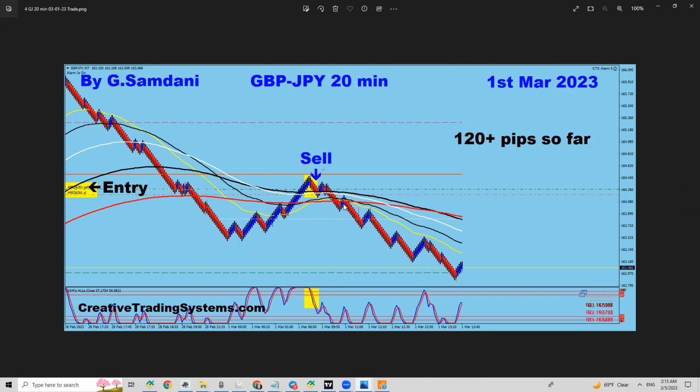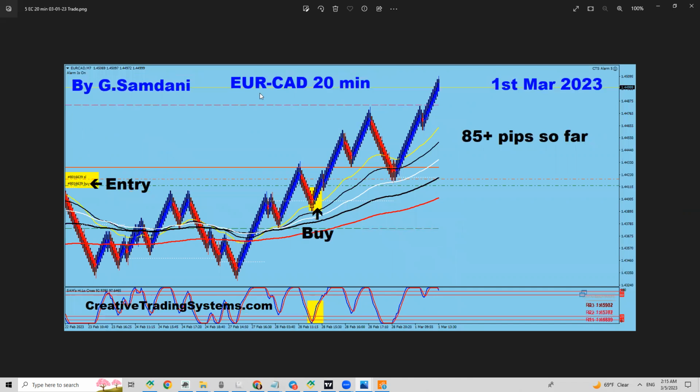So pound yen to the downside here for 120 pip on the first, and then EUR/CAD to the long side. I was expecting the downside, but the news does the magic, right? You're expecting something and the news comes out the other way, and the pair just goes the other way for that day, and then later on, things change.